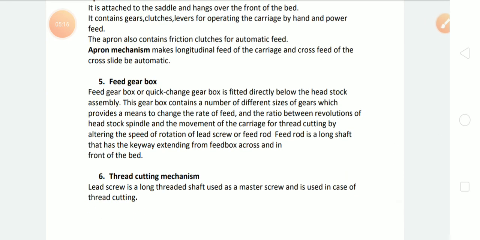Feed gearbox has gear attachments which can be used to increase or decrease the feed speed and RPM of the chuck, so that we can do several cutting methods like thread cutting or taper turning. You can have many cutting speeds by using the switches in the feed gearbox.